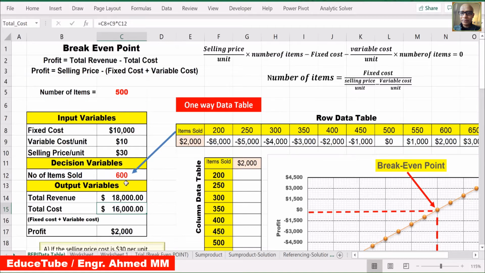It means the number sold will be in such a way that the total revenue and total cost, these two, must be equal. So how does it come?